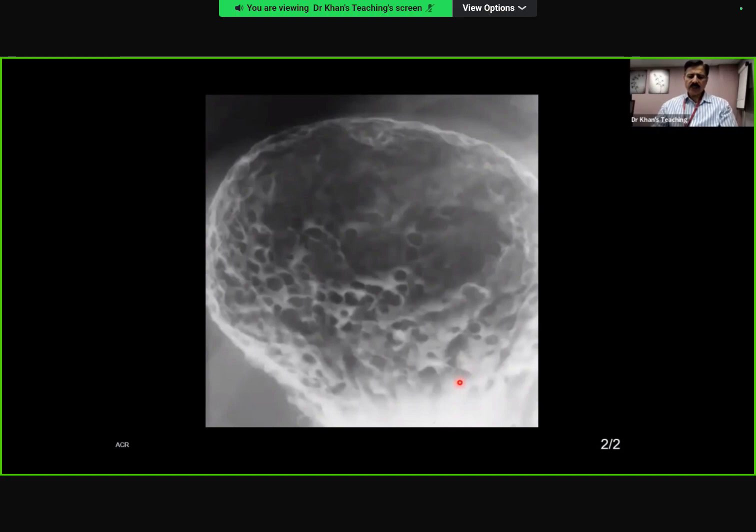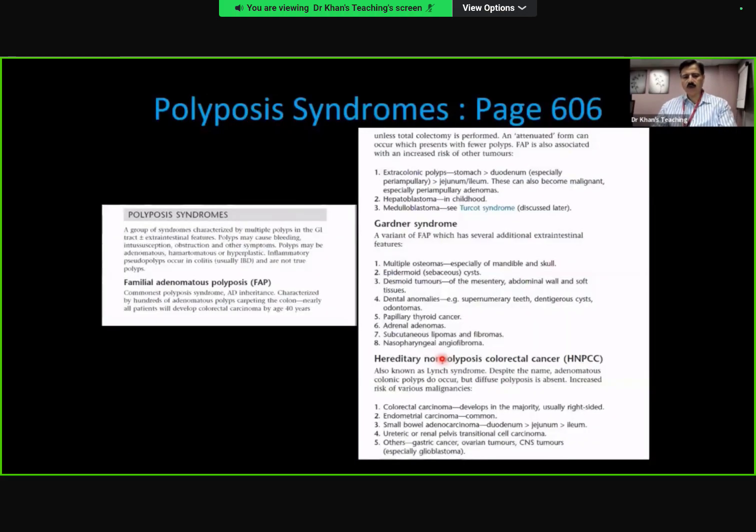You see, the point is that FAPS is an extremely important topic for your examination. You should have an absolute clear-cut idea about various kinds of FAPS. The most important ones are, this is page 606 in your book, familial adenomatous polyposis and Gardner syndrome, and they come in the exam again and again.